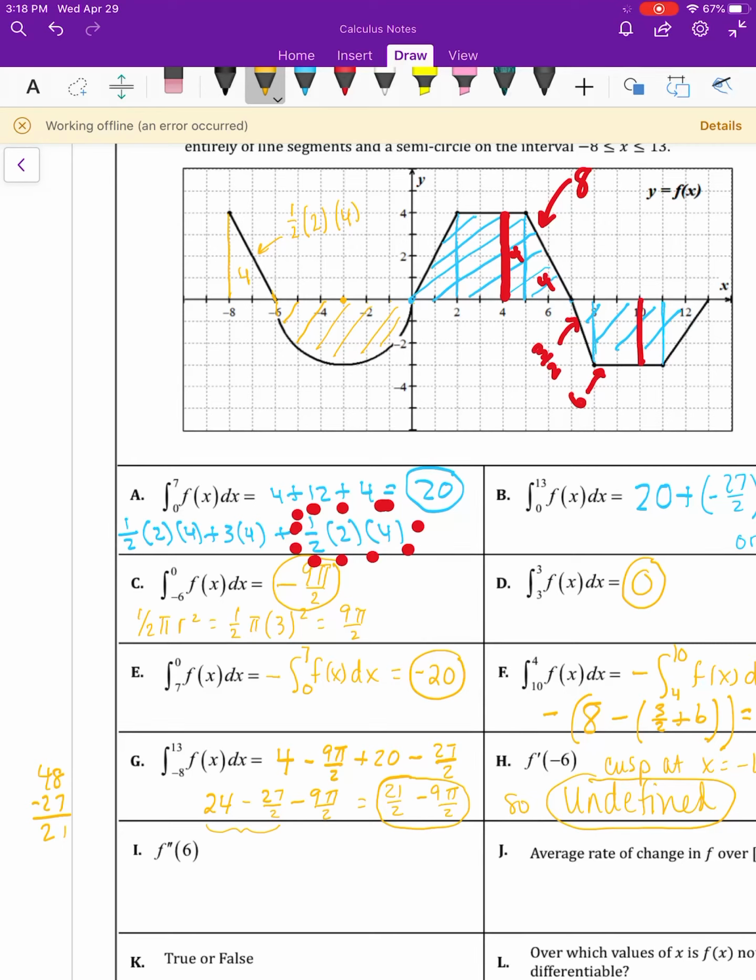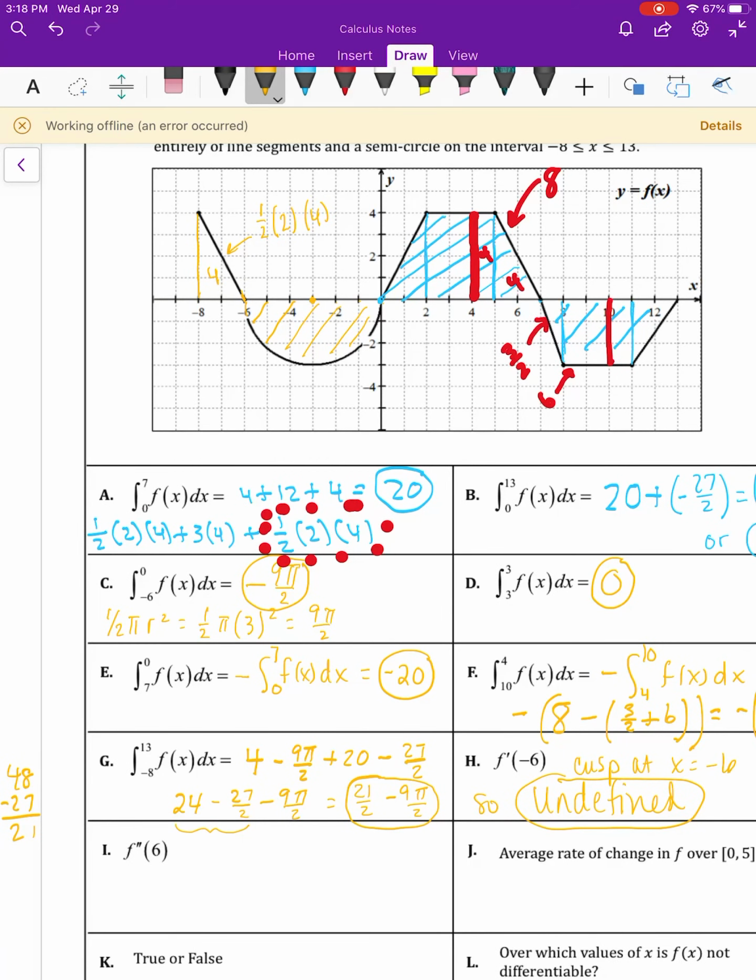If I took the second derivative there, what would my answer be? Well, or actually, that's not negative 6, I was going to say. At positive 6, look at this. If I took the second derivative at positive 6, my first derivative is going to be the slope of this line. So it looks like it has a slope of negative 2 over positive 1. So my first derivative at 6 would be negative 2.